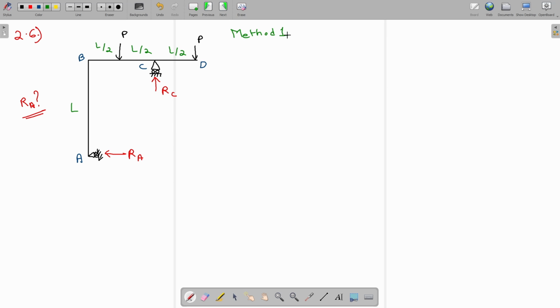We are going to discuss method 1 and method 2 both. So let's start with method 1. In method 1, we are going to apply the equilibrium equations.